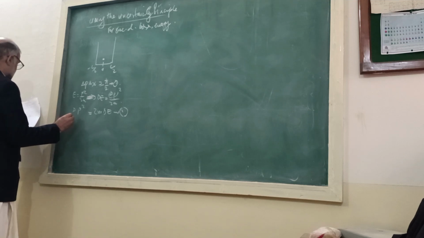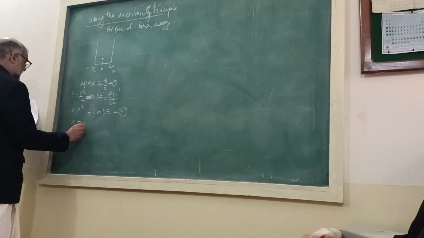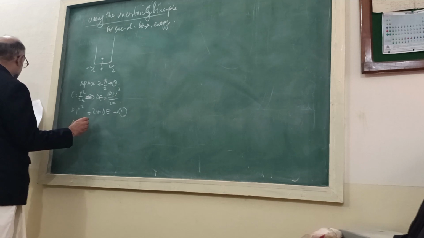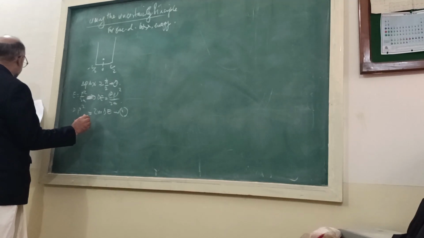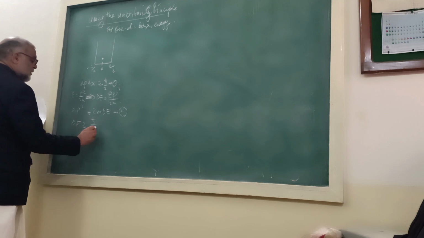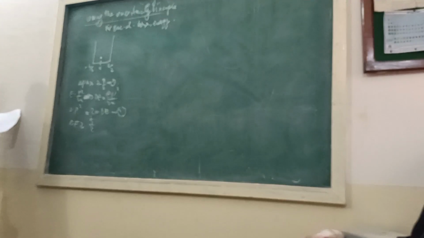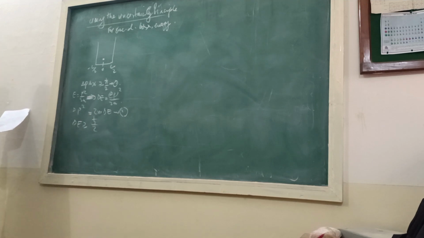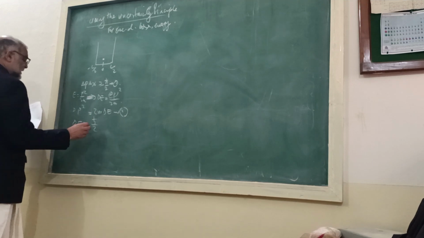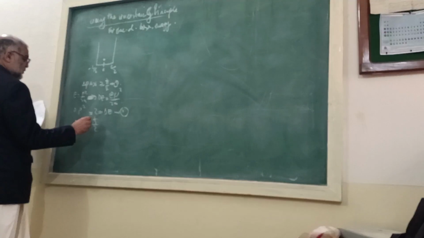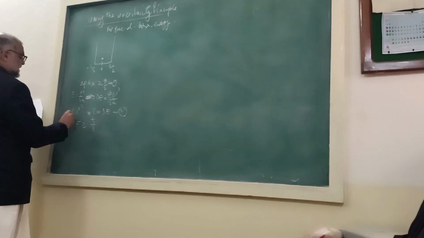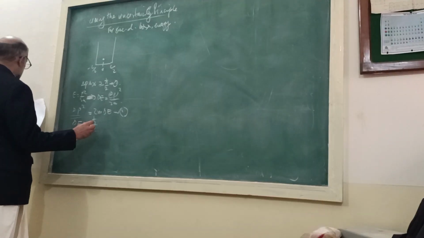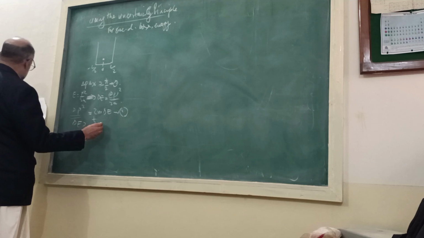So we can write delta E greater than or equal to h cut divided by 2, and when we replace this, that will be equal to the square root.